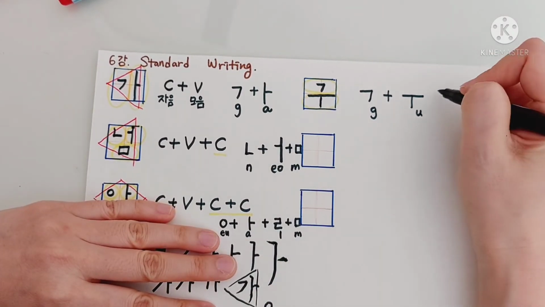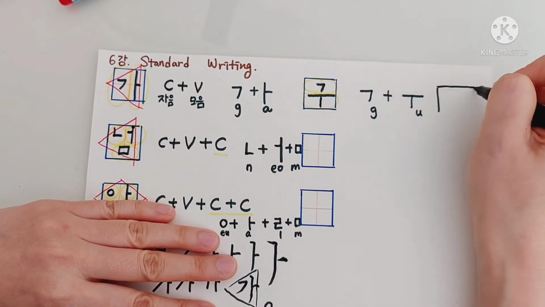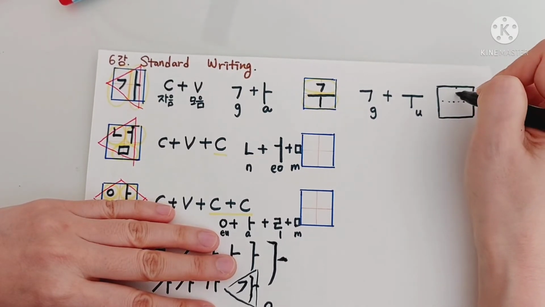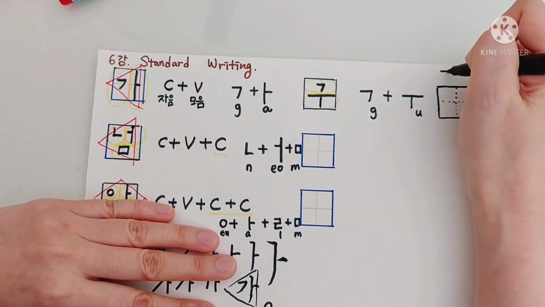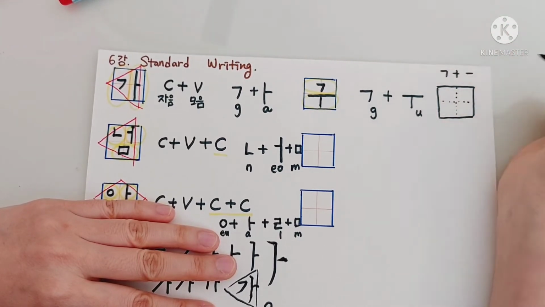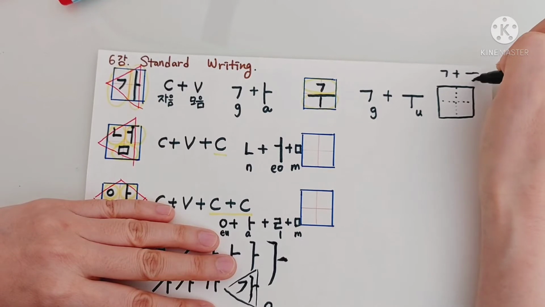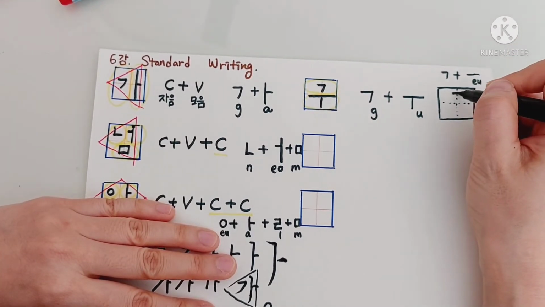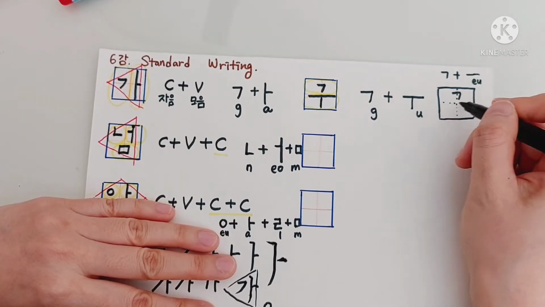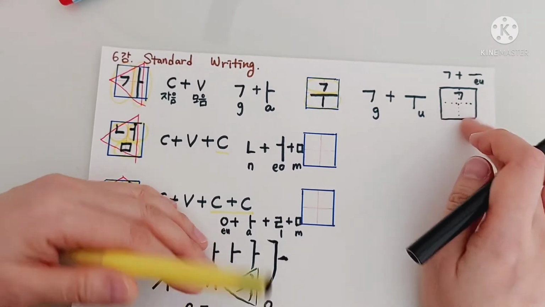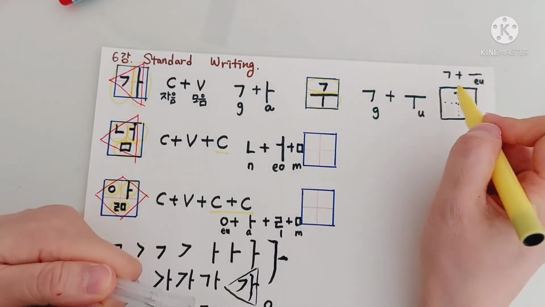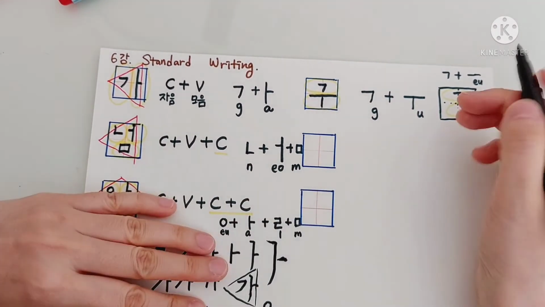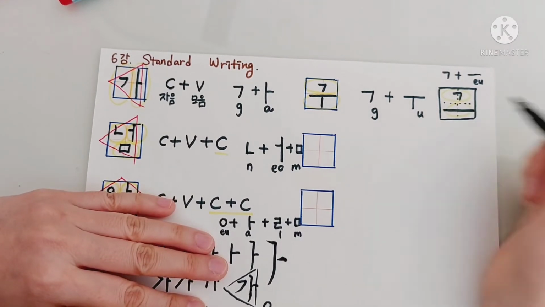But for example, when we meet 그 like this, 그 plus 으, so 그 on the top and then in the middle, then there is too much space on the bottom. So at that time, here is better. 이렇게.